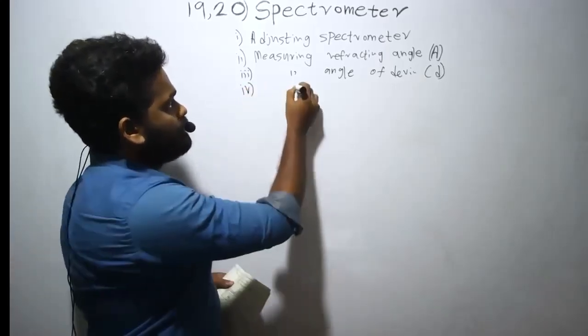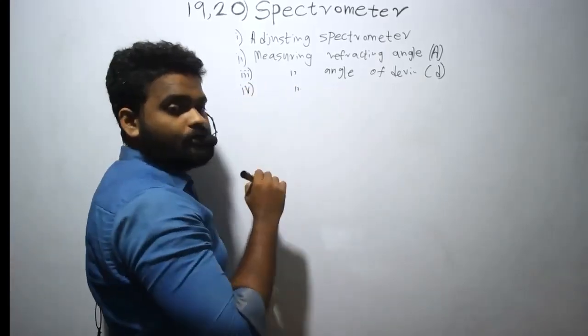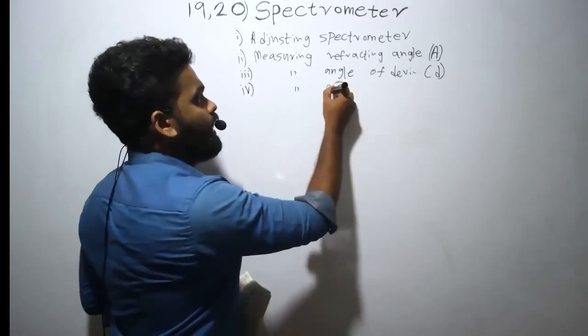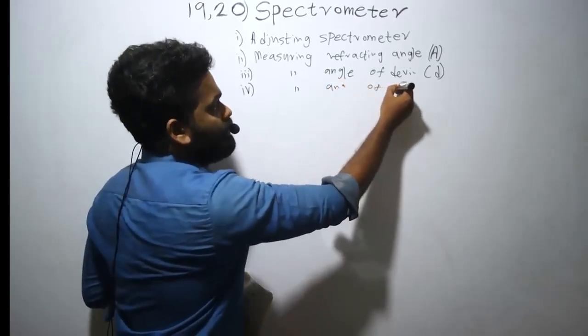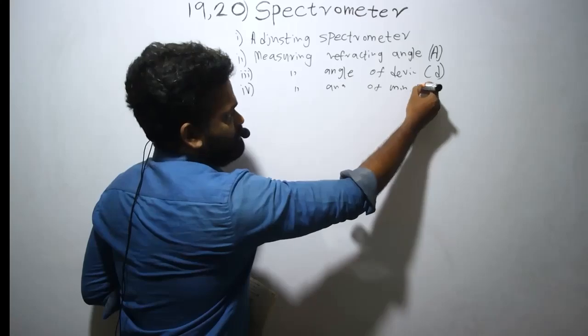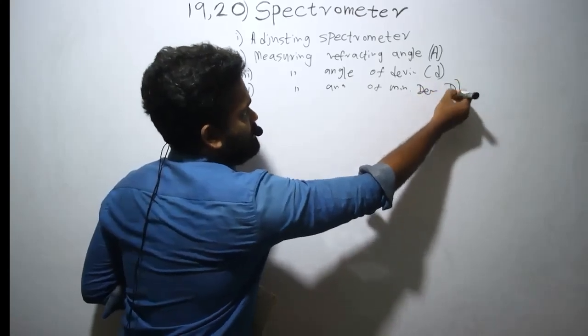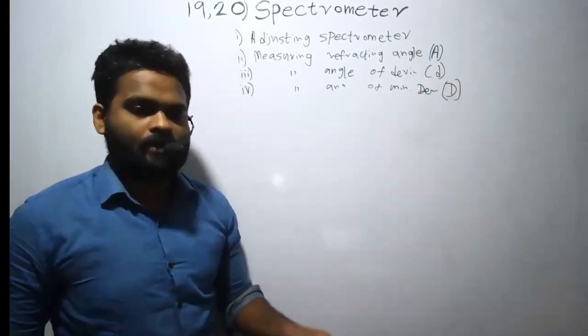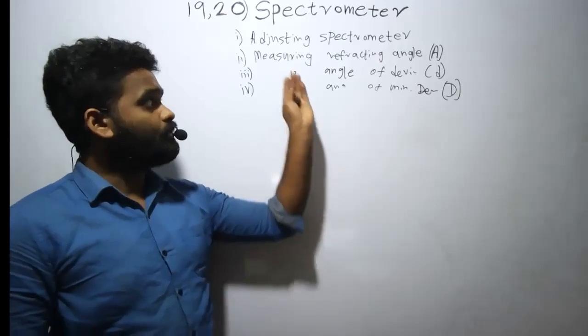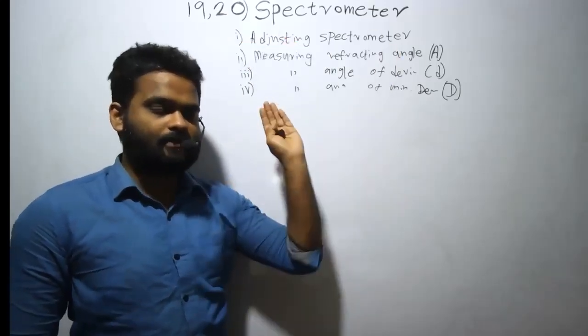Then fourth, we are going to measure the angle of minimum deviation. That is capital D. Okay. So that is what we are going to do. First, adjust the spectrometer.